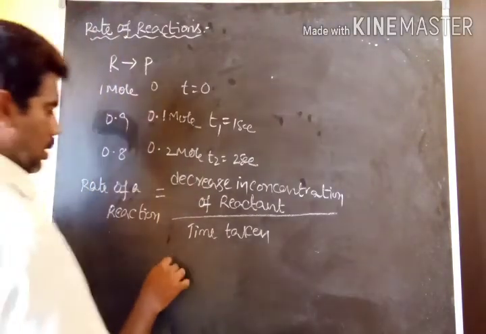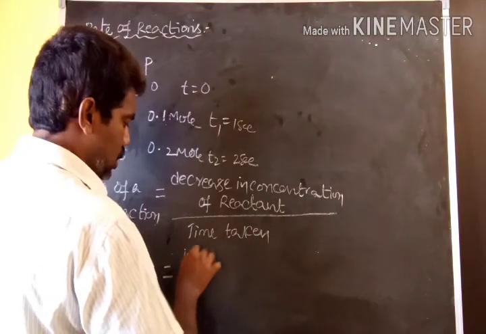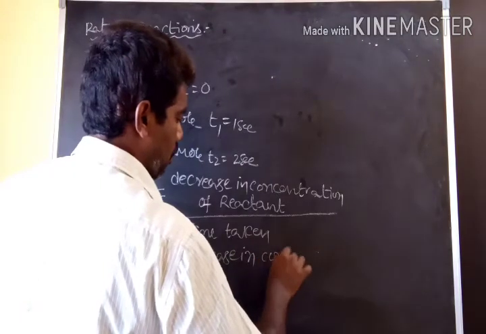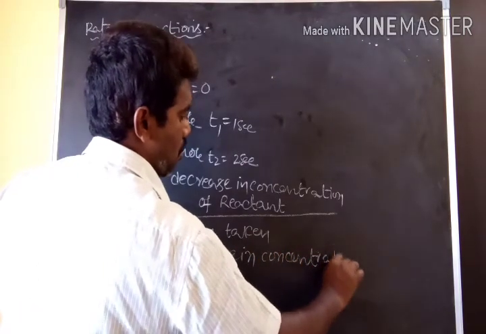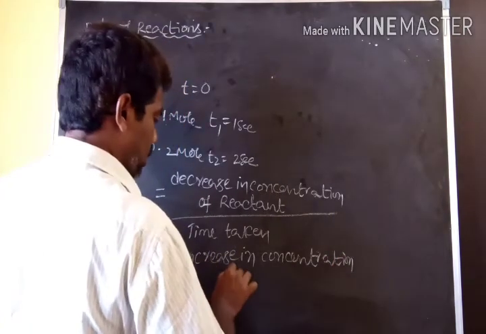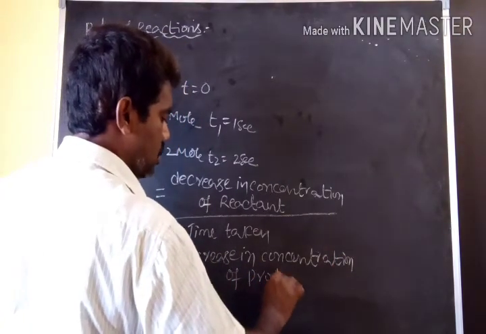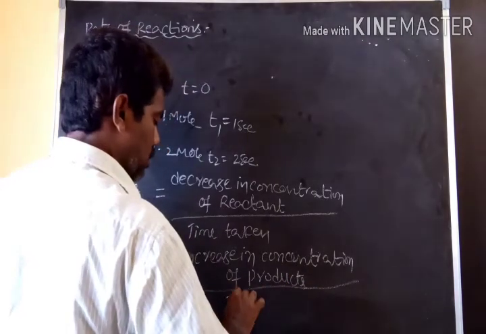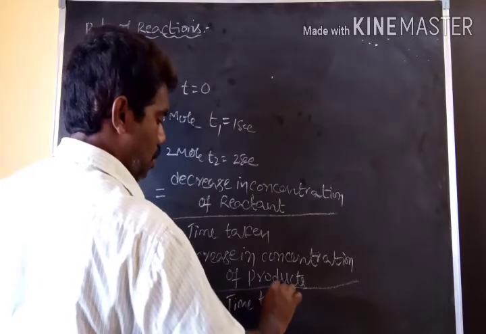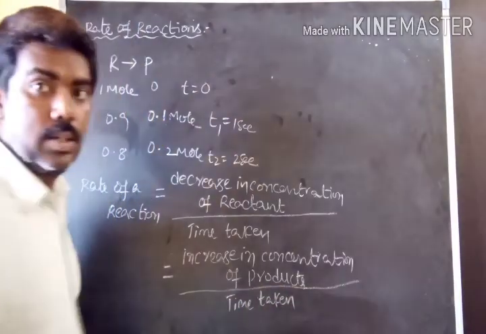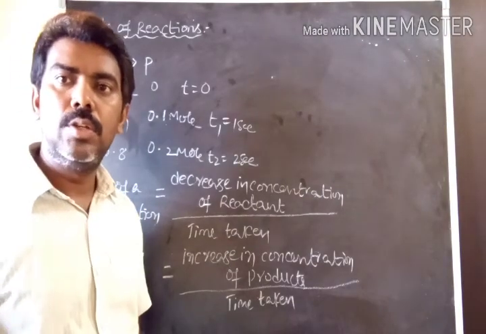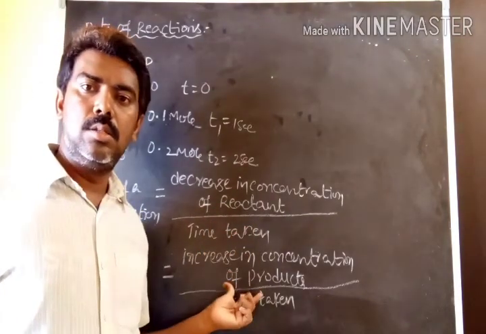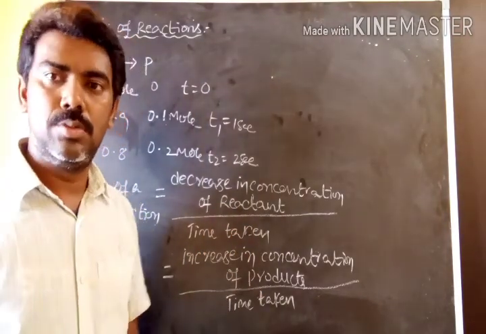Next, R is equal to the increase in concentration of products by time taken. So both are definitions of the rate of reaction only. In one case the concentration of reactants decreases, in the other case the concentration of products increases.